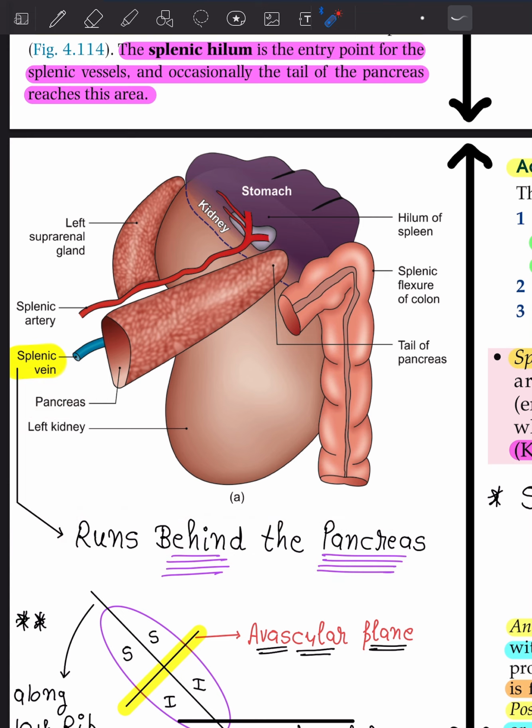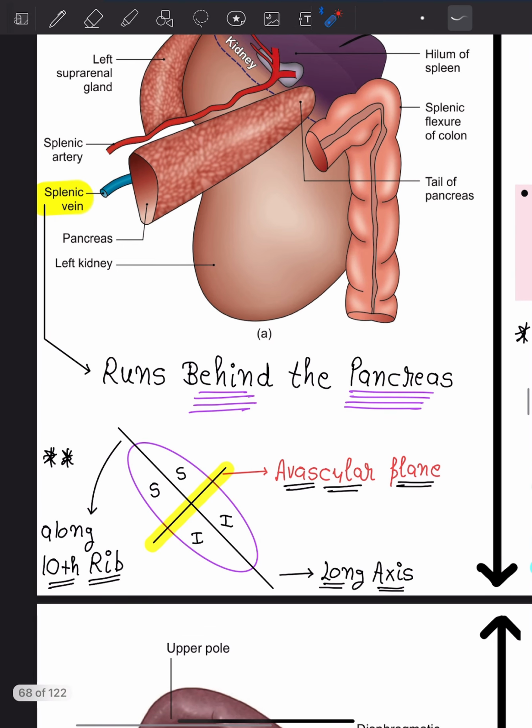This you need to keep in mind. Here you have the splenic flexure of colon, the tail of the pancreas, which extends towards the hilum of the spleen. Okay, this is the hilum and this is extending towards this region. And yeah, so this was about the peritoneal relations of the spleen.